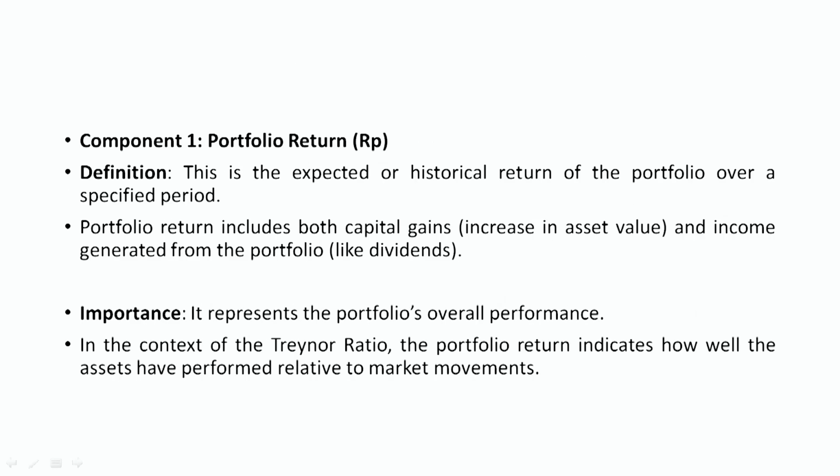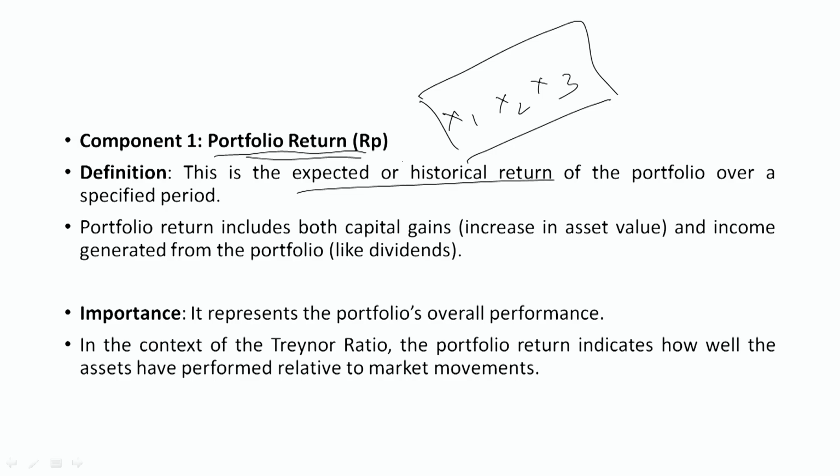The first component is portfolio return. What does this portfolio return mean? It means the return of your portfolio that includes x1, x2, x3, etc. How did this behave in the past?